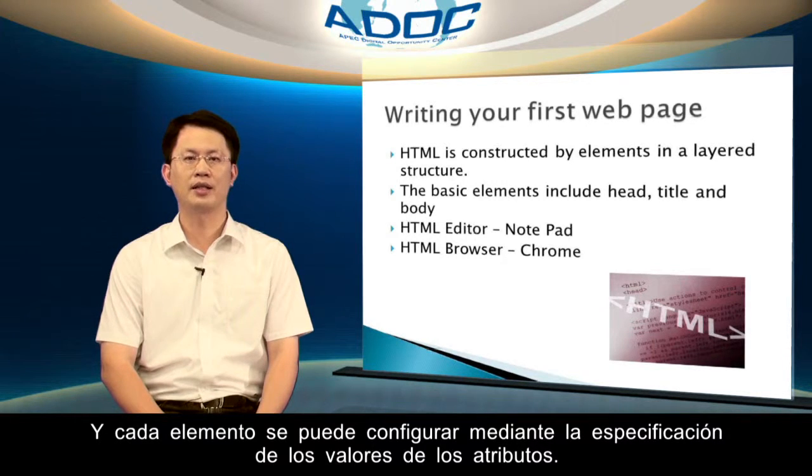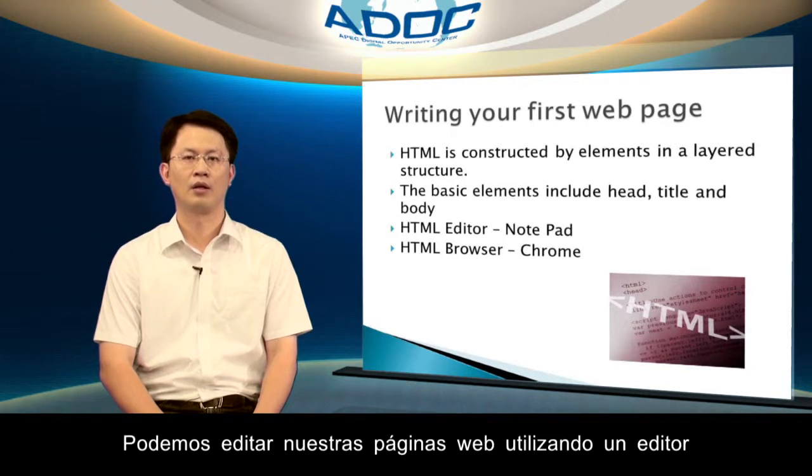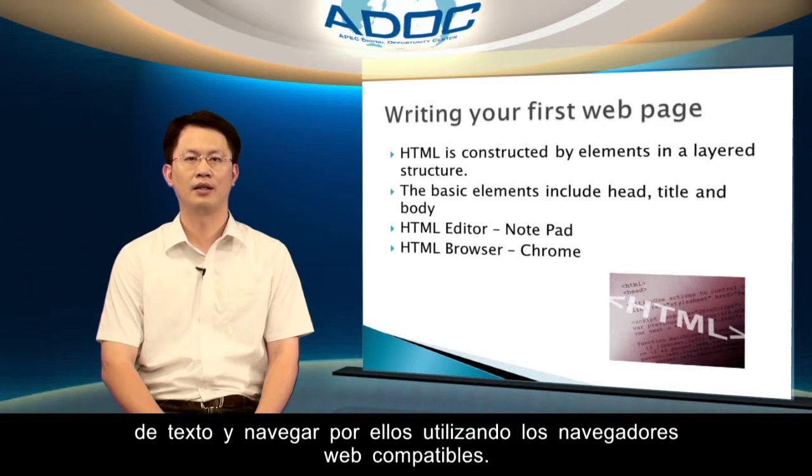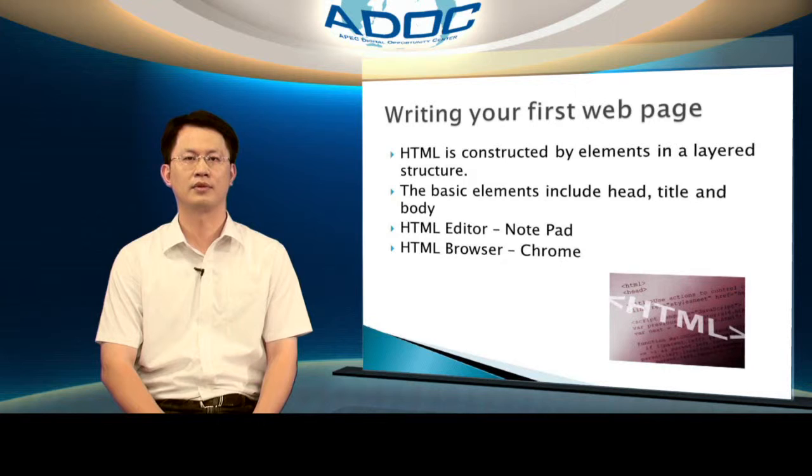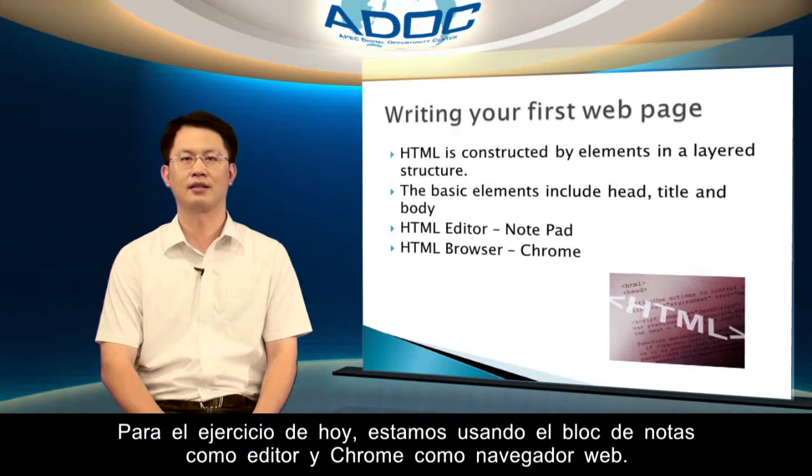And each element can be configured by specifying its attribute values. We can edit our web pages using any text editor and browse them using compatible web browsers. For today's exercise, we are using Notepad as the editor and Chrome as the web browser.